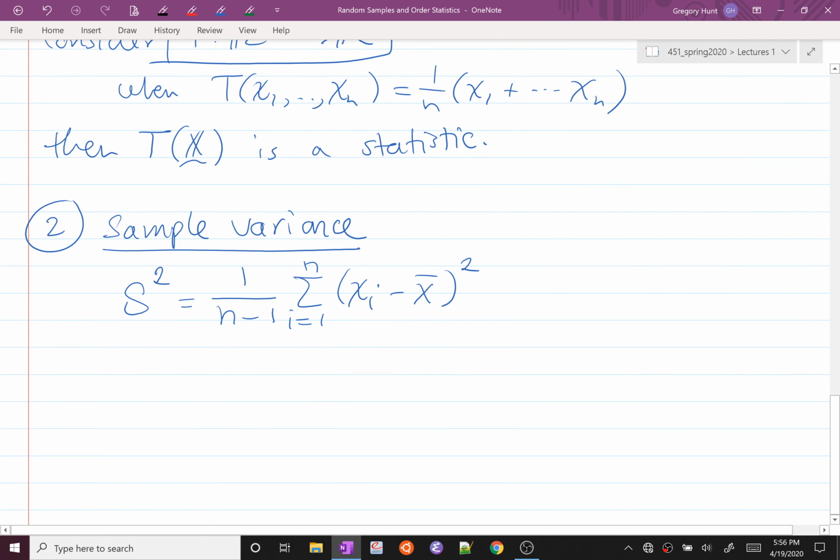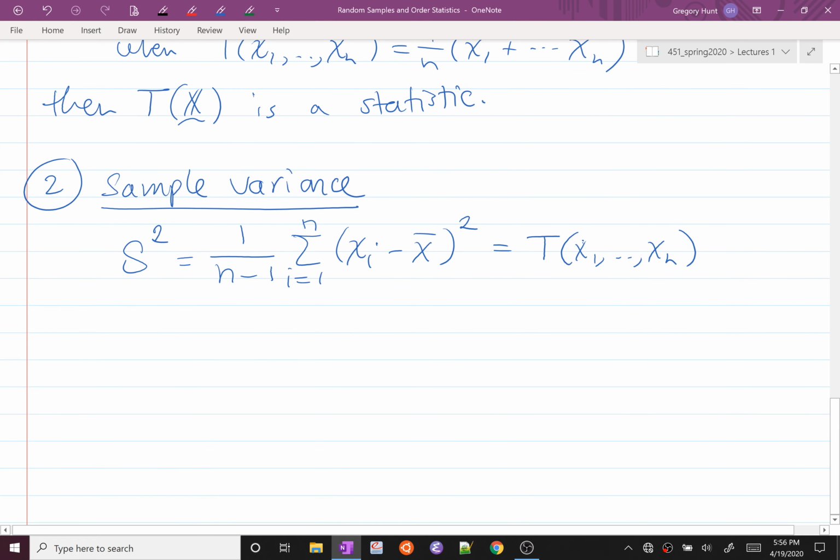This is the kind of thing you would learn in an introductory statistics course, but we could call this some t of x1 to xn. It's some function that takes in n numbers and spits out a single number, s squared, and so it's a statistic. You could look at how the statistic behaves depending on the random sample and its underlying distribution. This function of that random sample, in this case the sample variance, will behave differently.